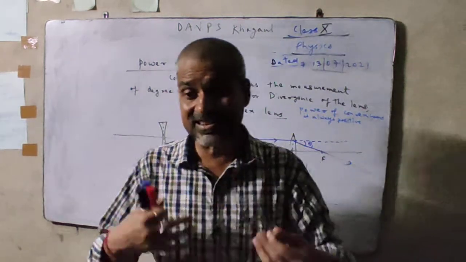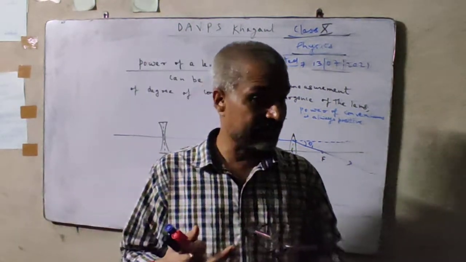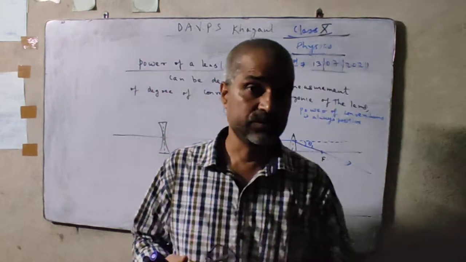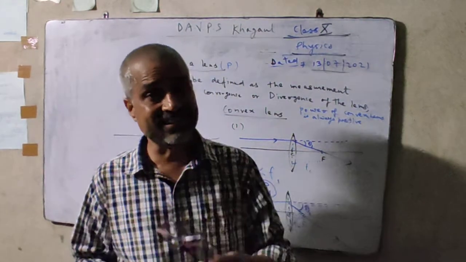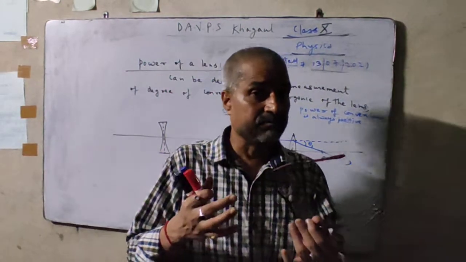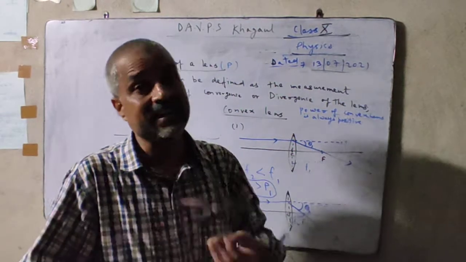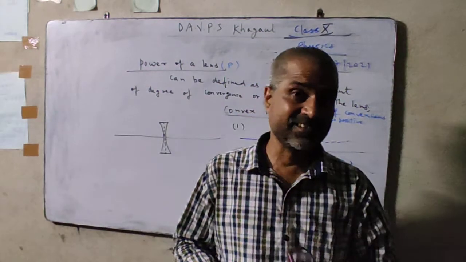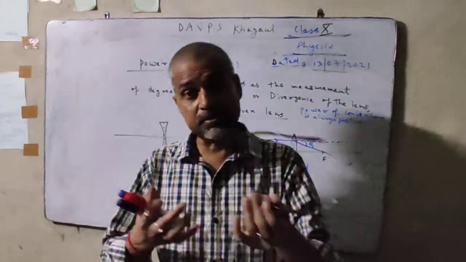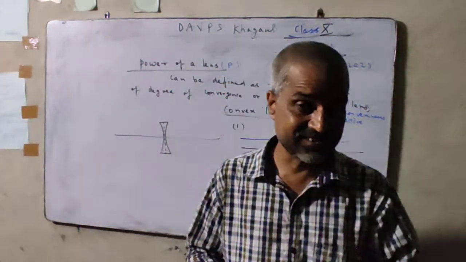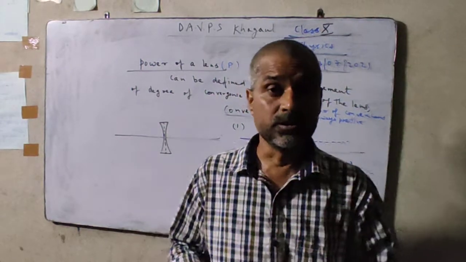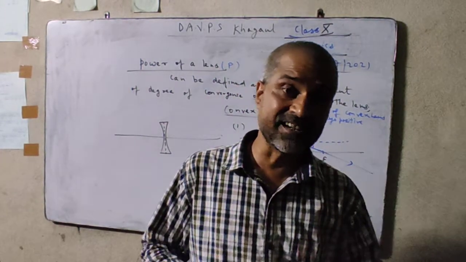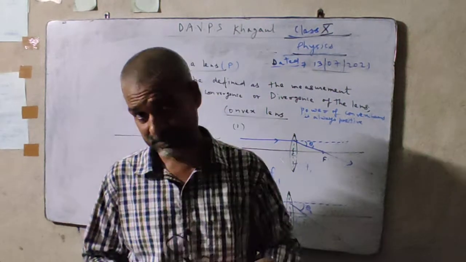So we understand, by common sense, what the lens power means. And practically what will the power of lens do with the lens? If more power is there, what do we understand? If less power is there, what do we understand? Power of lens measures the degree of divergence or convergence.